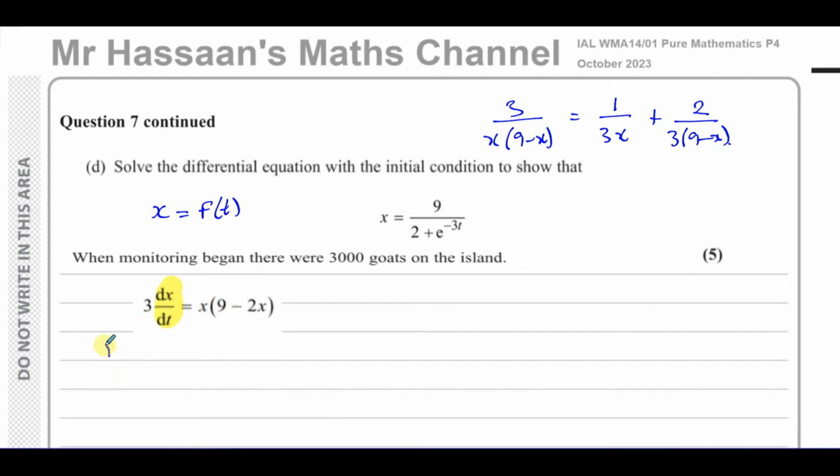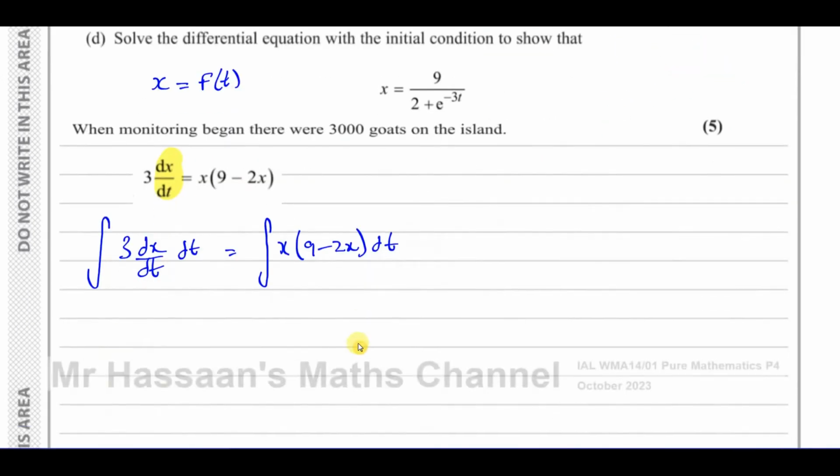So I'm going to integrate this side with respect to t, and I'm also going to integrate the other side, exactly the same thing, with respect to t. What I've done to one side, I've done to the other. Then I'm going to cancel the dt on this side, and I have dx on one side and dt on the other. So I have to integrate this side with respect to x and this side with respect to t.